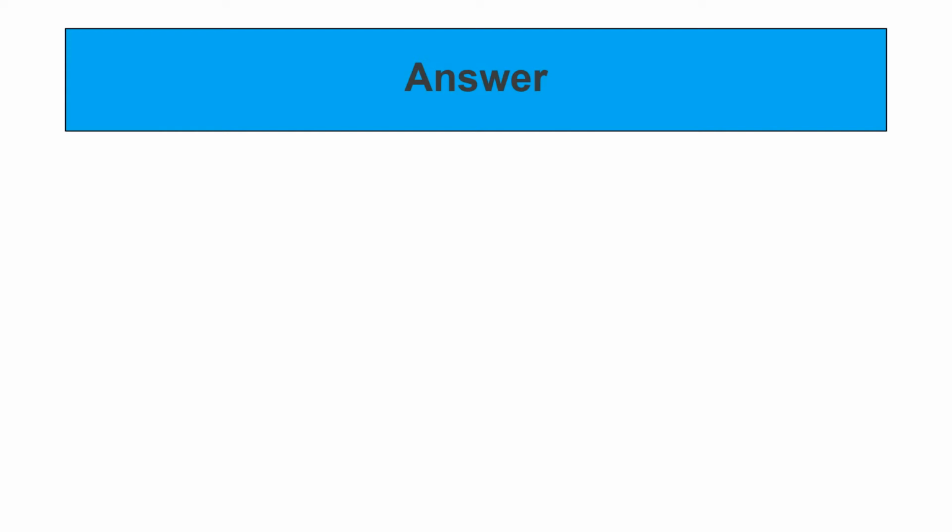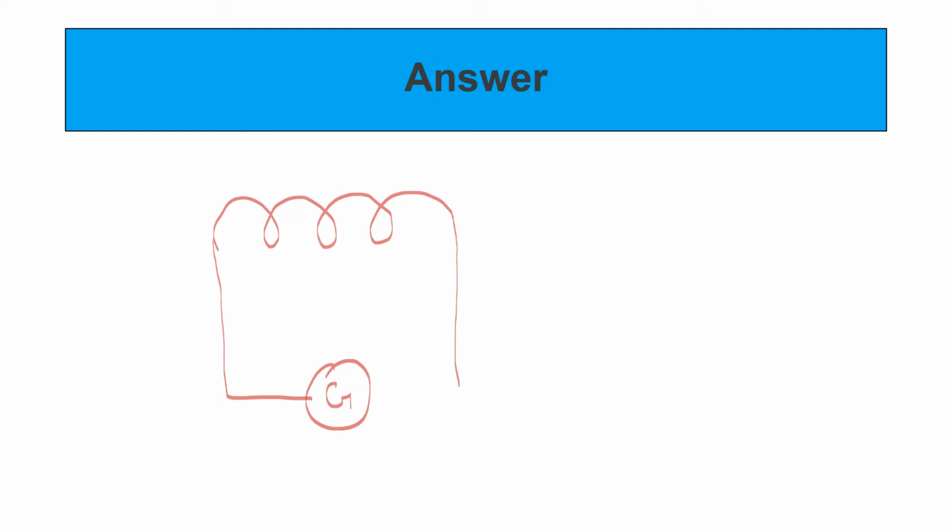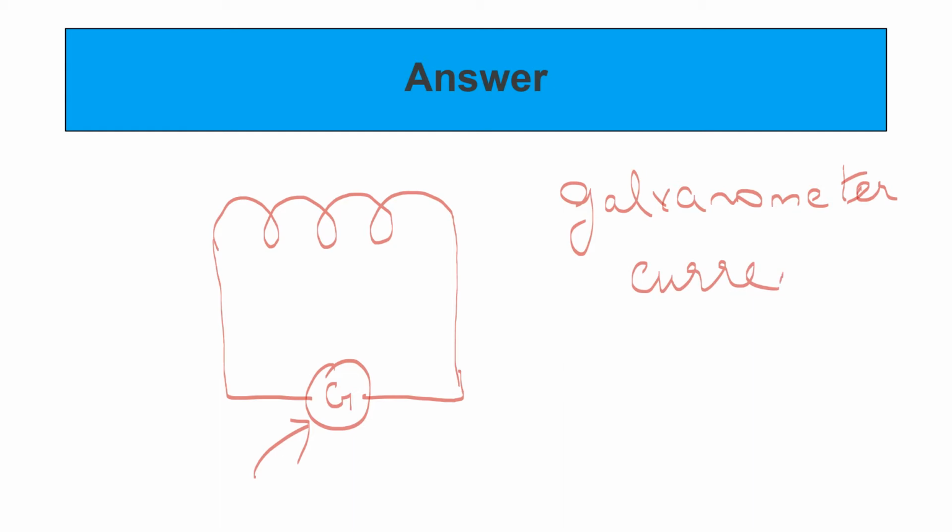In the question, they have given you a coil and this coil is connected to a galvanometer G. What is this galvanometer? Galvanometer is an instrument or a device which is used to measure electric current.